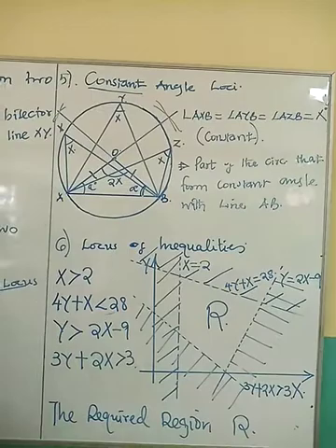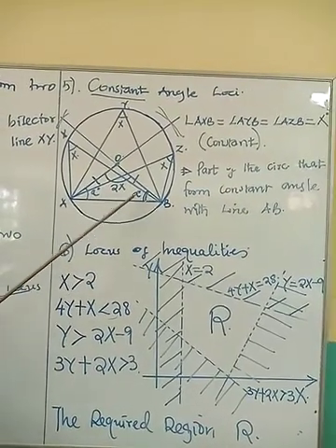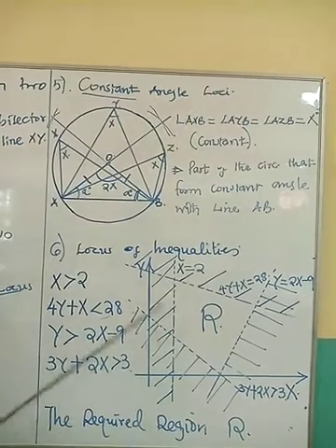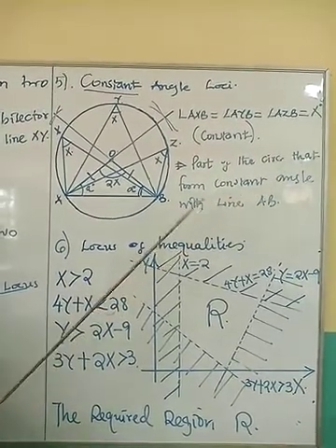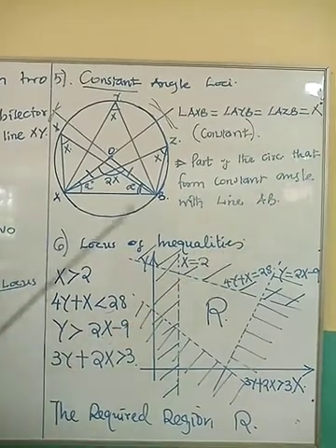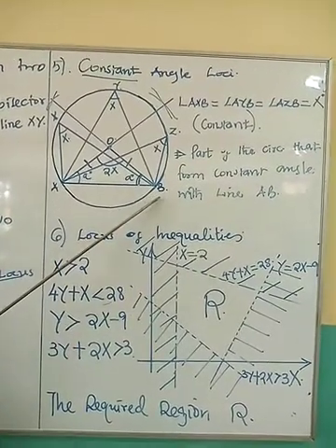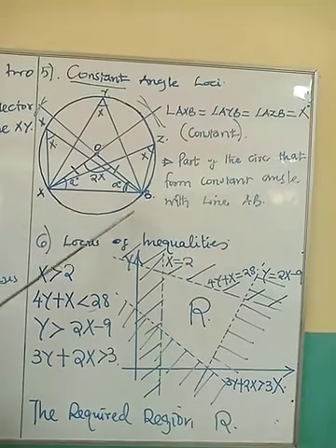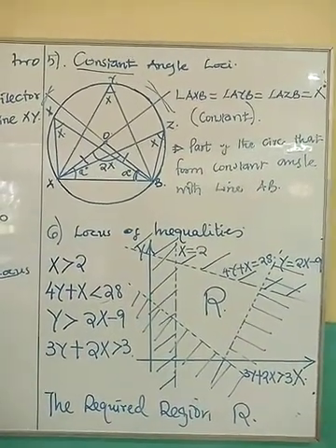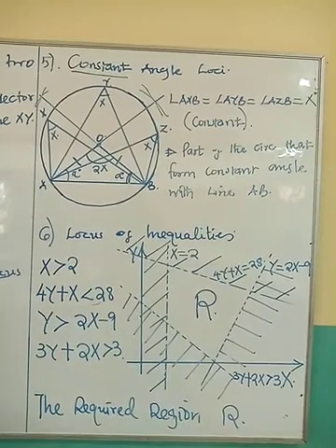I'll give an example showing constant angle loci. And therefore, constant angle loci is part of the circumference that forms a constant angle with the line AB. This line AB, in my case, I call it chord AB, but it can be another chord according to the way the question is framed.